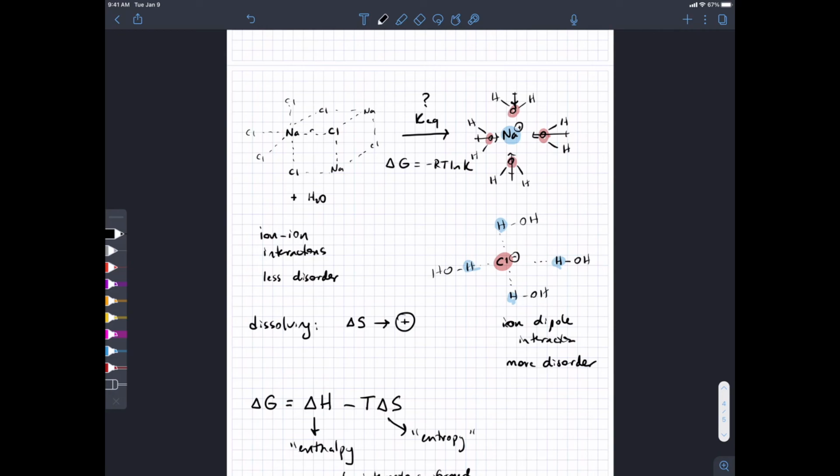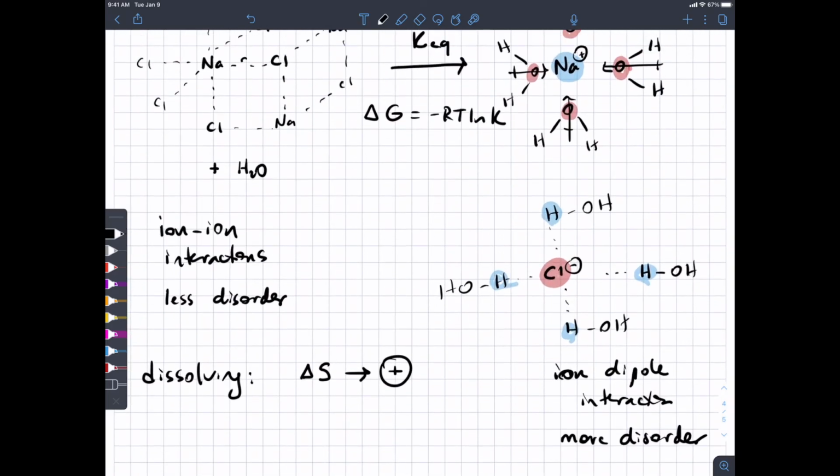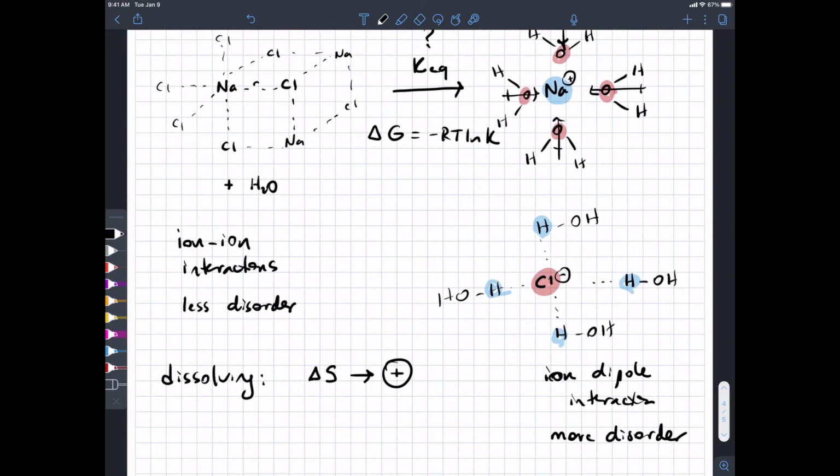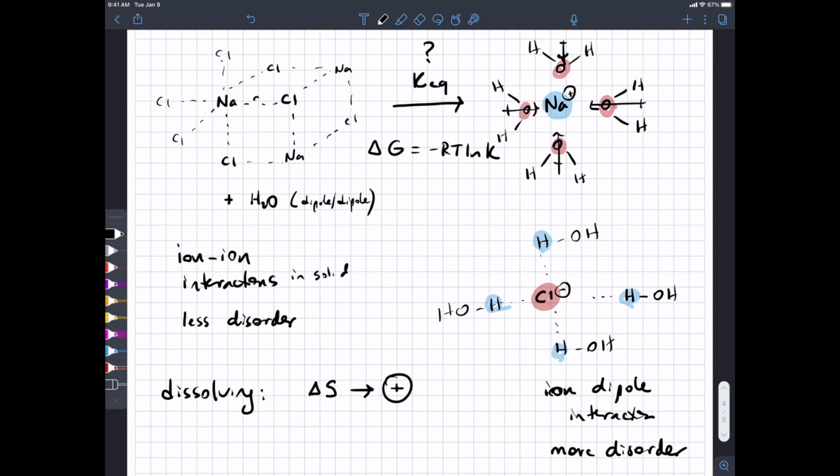All right? And for the question here for dissolving, before, you had ion-ion interactions in the solid, and then for water, you had dipole-dipole interactions in liquid water. Afterwards, the water molecules that aren't surrounding ions, which are most of them, continue to have dipole-dipole interactions.